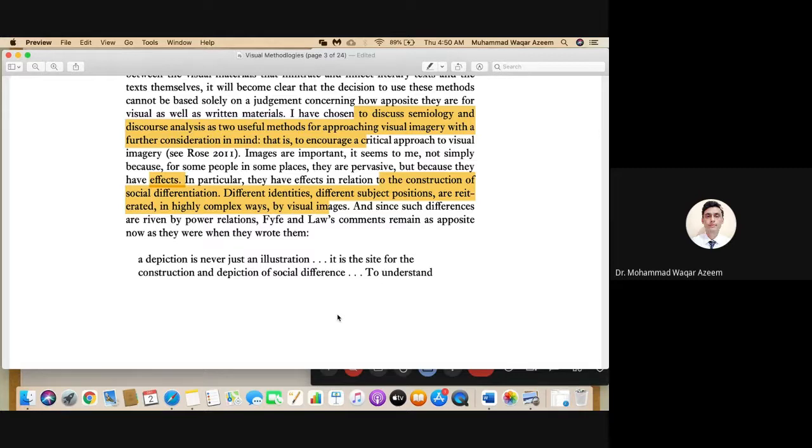So if you are constantly exposed to one particular dress code with reference to any particular gender, we as audience and viewers will be conditioned to see that gender only with reference to that particular dress code, and we will start feeling that this is the natural dress code for that particular gender.